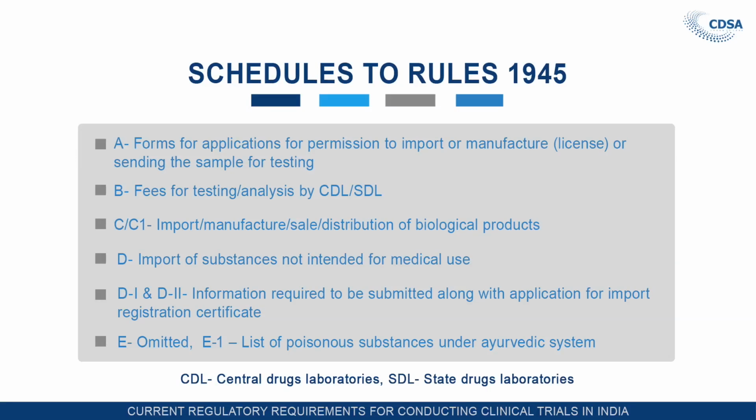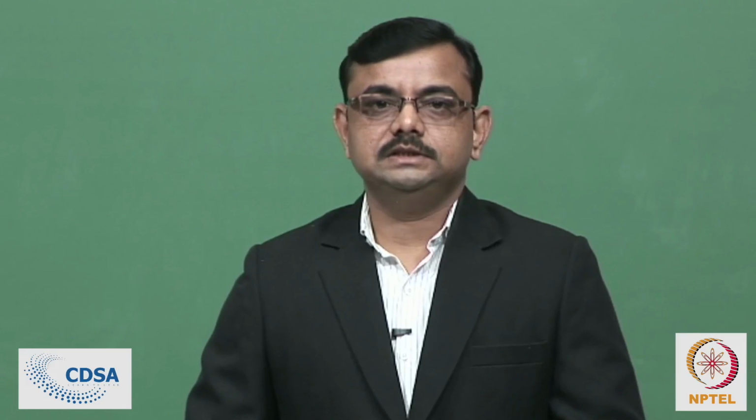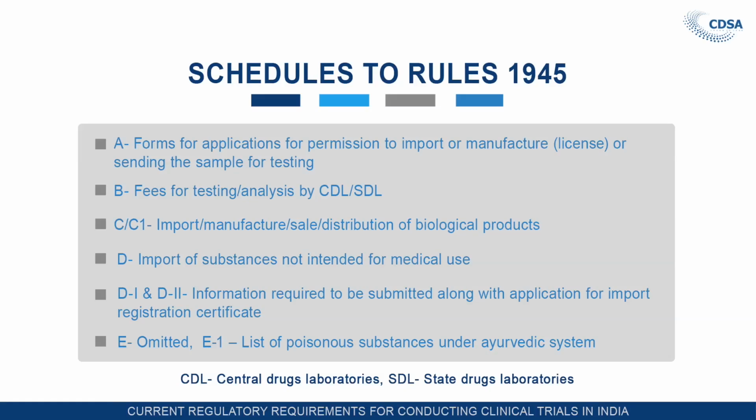Coming to the next slides, now what I have said is that the rules contain the schedules, and those schedules are from Schedule A to Schedule Y. So we will see these schedules in detail. What are these schedules? The first schedule, Schedule A, is the pro forma of the forms.